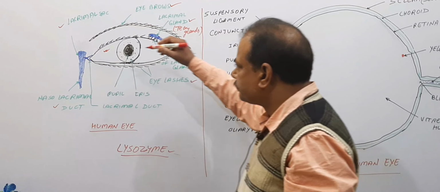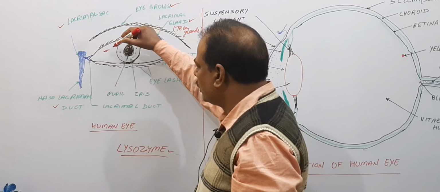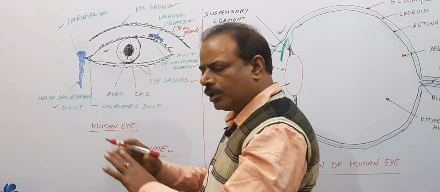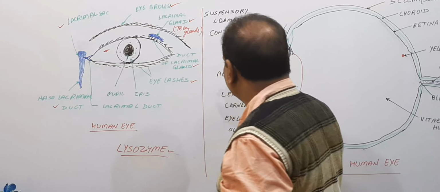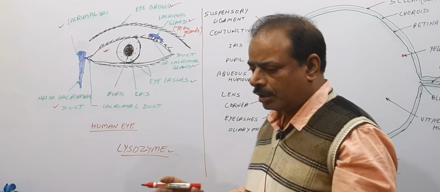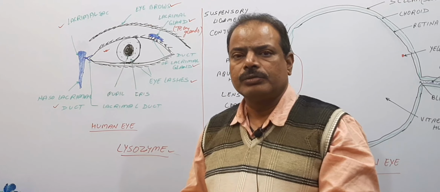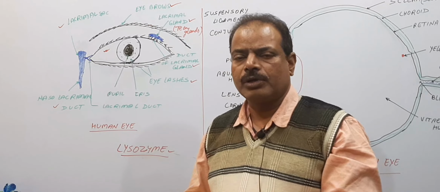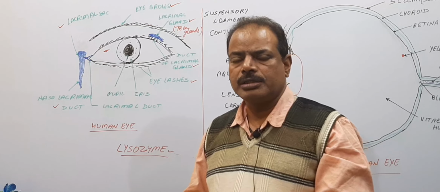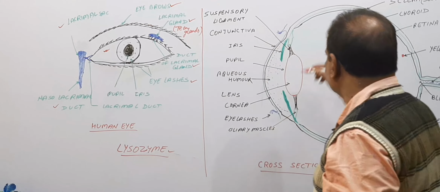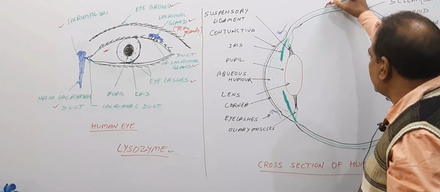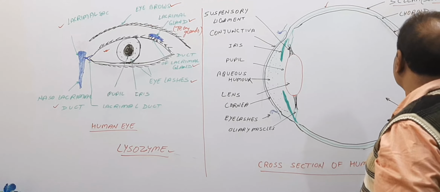After it, here the eyeball, means the wall of the eyeball, can be divided into three parts, and the outermost is sclera. This one is the sclera.